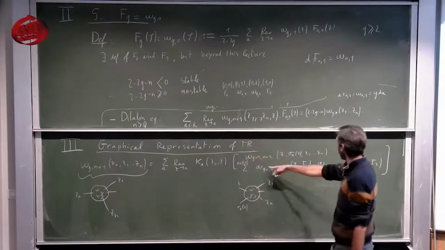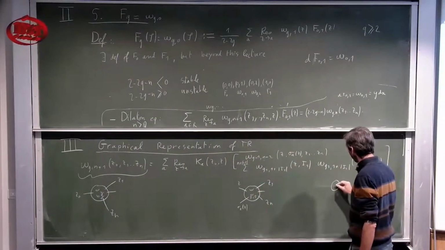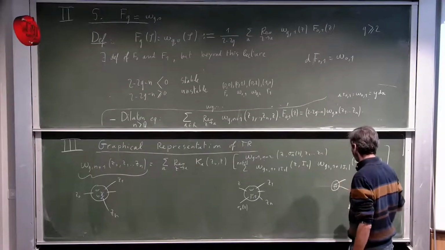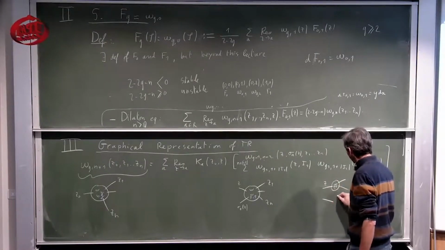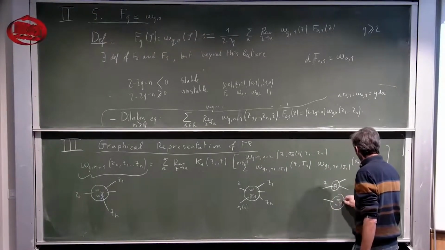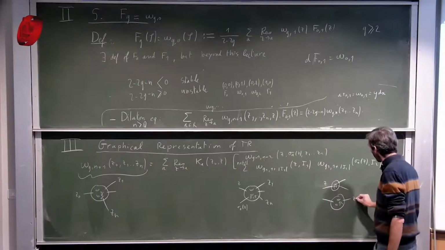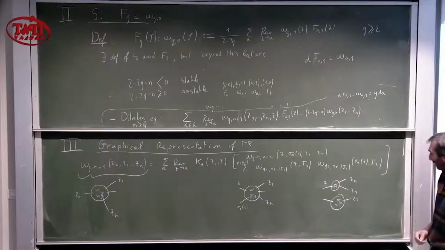You also have terms coming from the second line, where typically you would have an omega g1 with a certain number of legs on the z, multiplied by an omega g2 with another number of legs. Typically this could be z2, z1, zn, something like that.